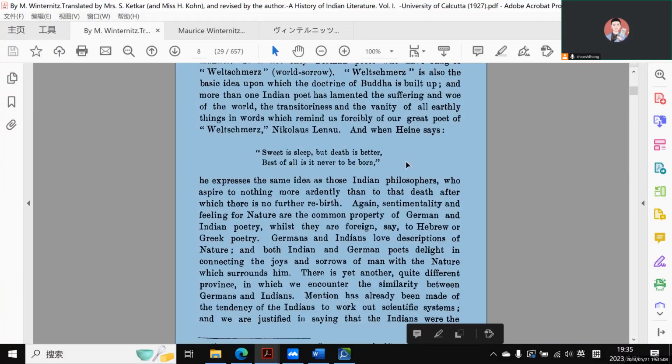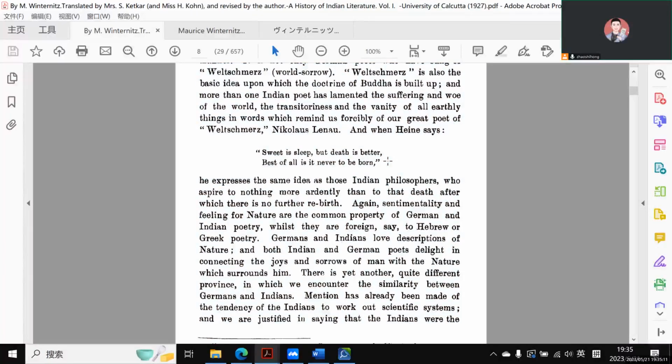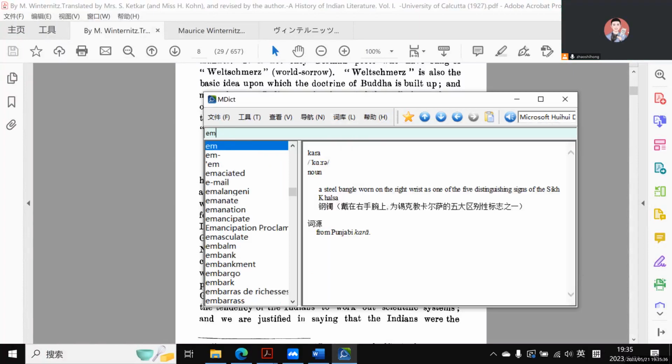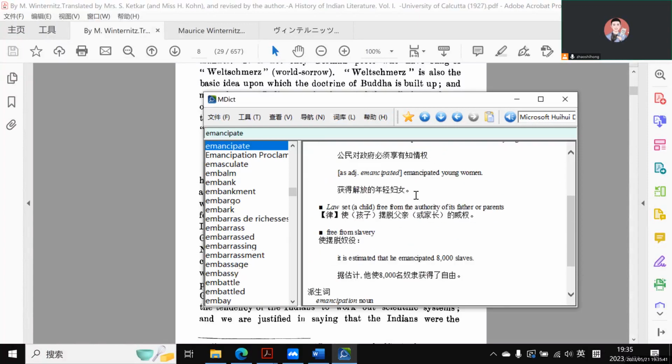So it's not difficult for some early communicators who traveled to India to say that the Indian culture, the so-called ancient culture of India, is actually based on emancipation. This word, emancipate, to set free.